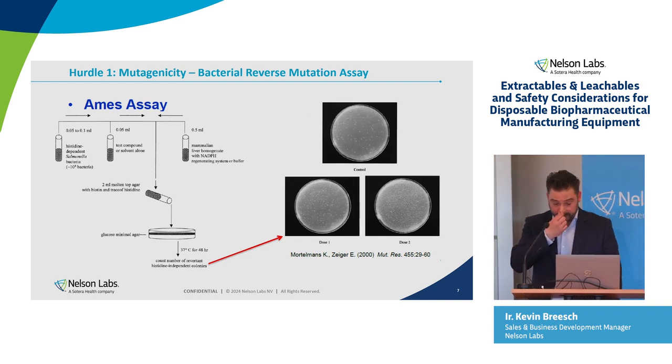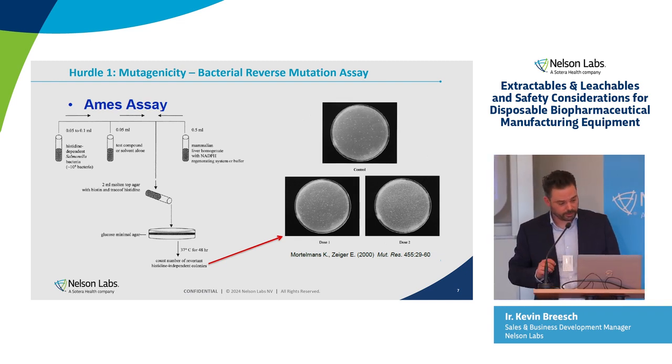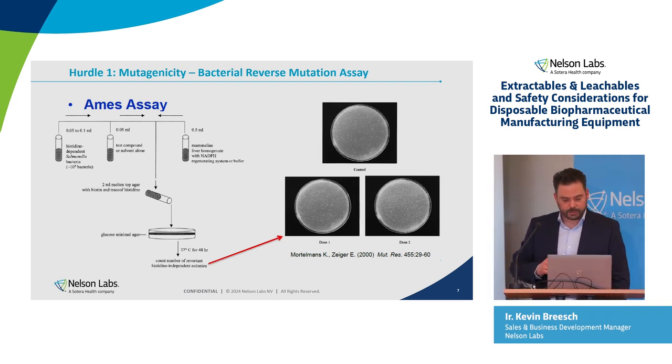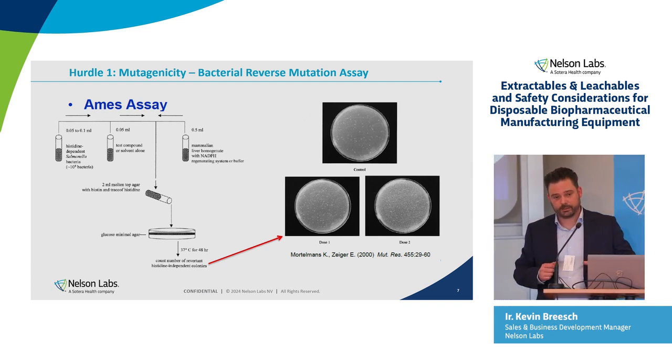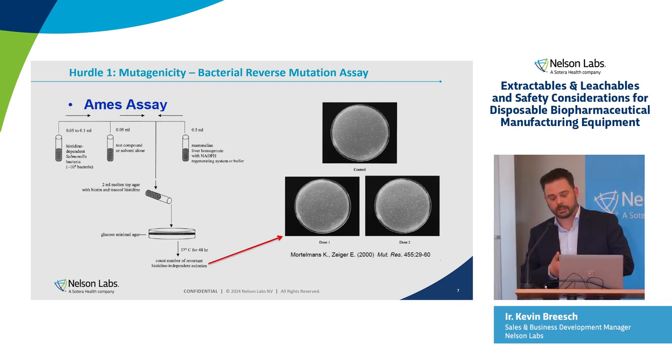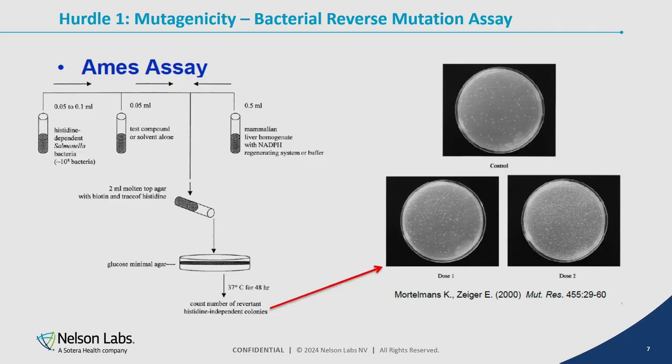Since it's such an important assay, I will briefly discuss the principle. So what you do is you have a Petri dish, and you have at least 5 different strains of Salmonella and 1 E. coli, which have a gene knocked out, so they become histidine dependent. They cannot grow without histidine.